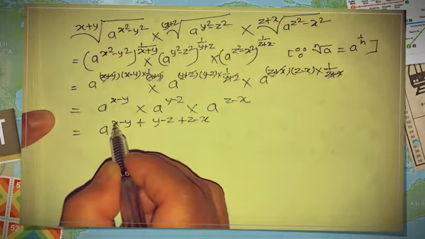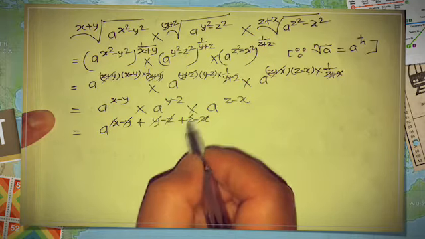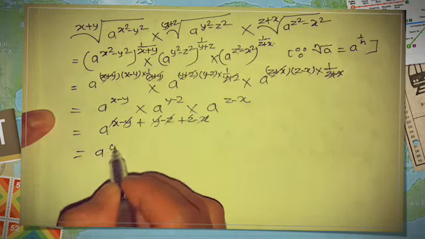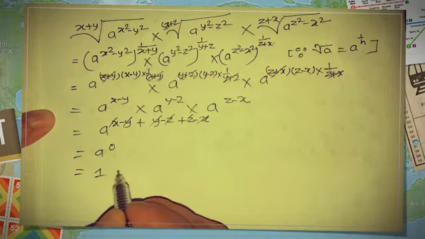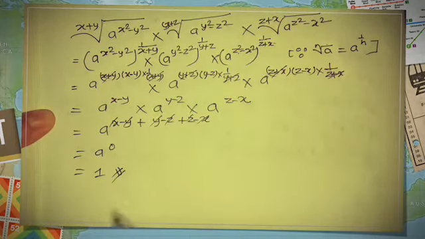So x minus y plus y minus z plus z minus x cancels, so a to the power 0, that is 1, is the answer of the solution.